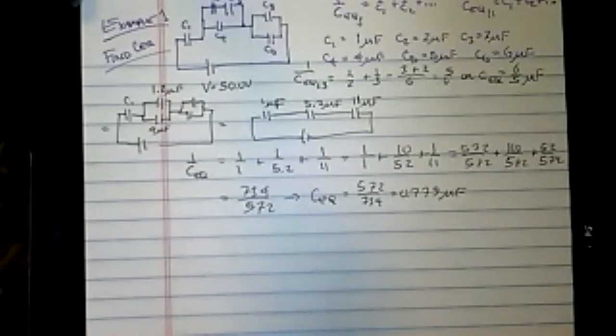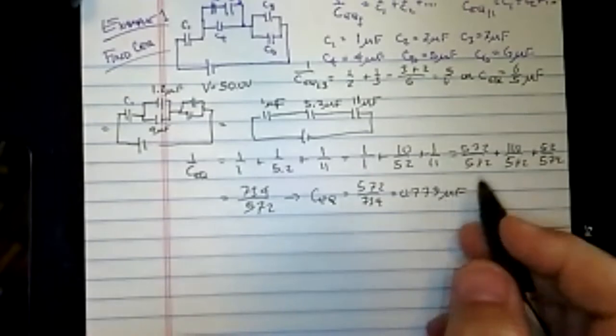So I'm going to say 1 plus 1 divided by 5.2 plus 1 divided by 11, and now I'll do 1 over that. Yep, I got 0.779. So that's it. That is the equivalent capacitance.